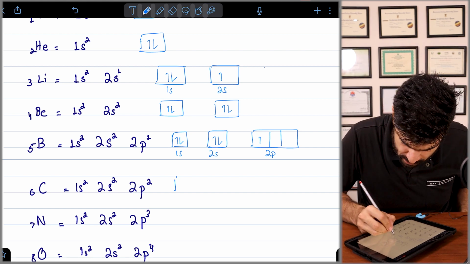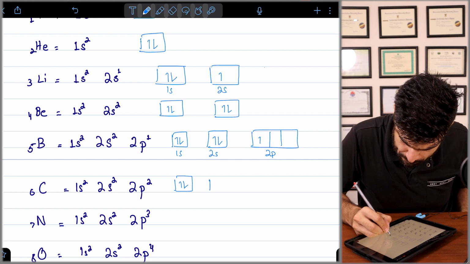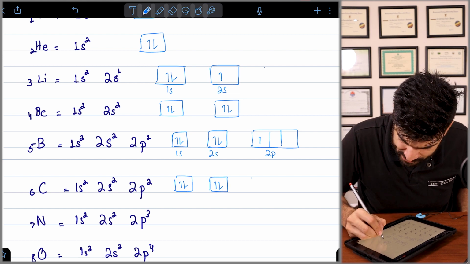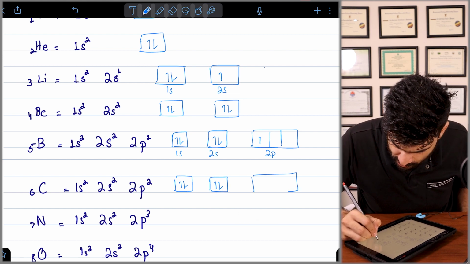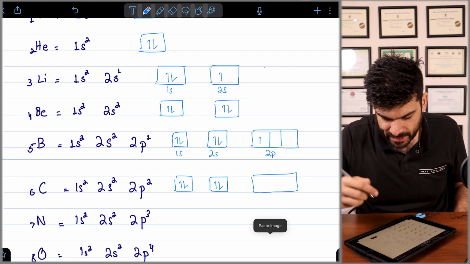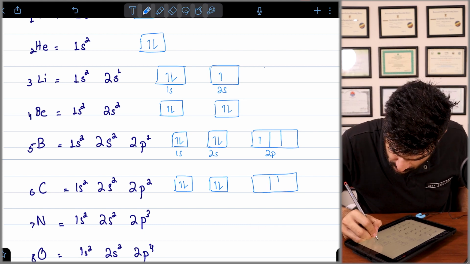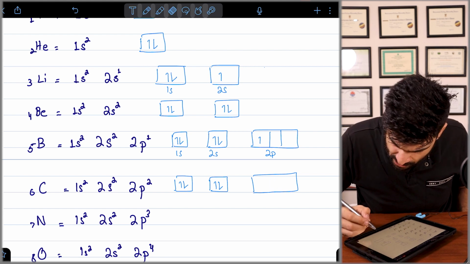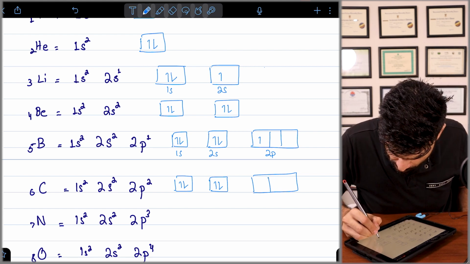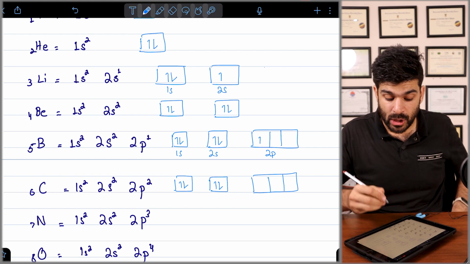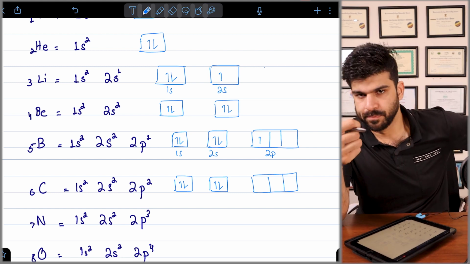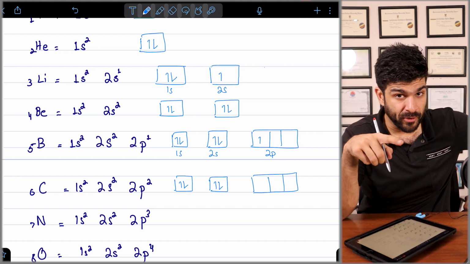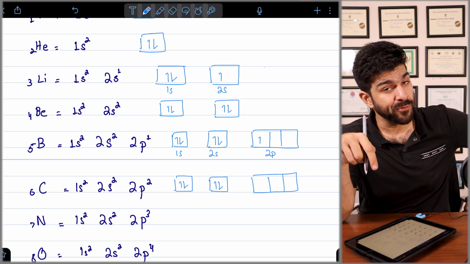So for carbon, note that this is important. This is what I wanted to say earlier, but now it makes sense here. I mentioned 2 rules today. Electrons fill in the lower energy orbitals first. That is why 1s was being filled first, then 2s, and then it's the time for 2p.